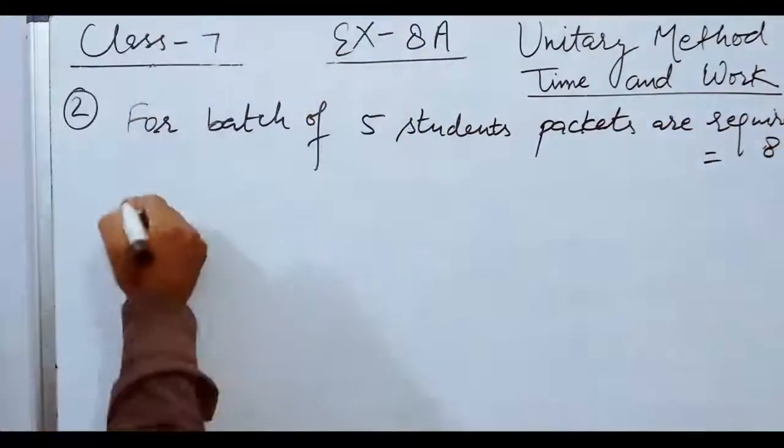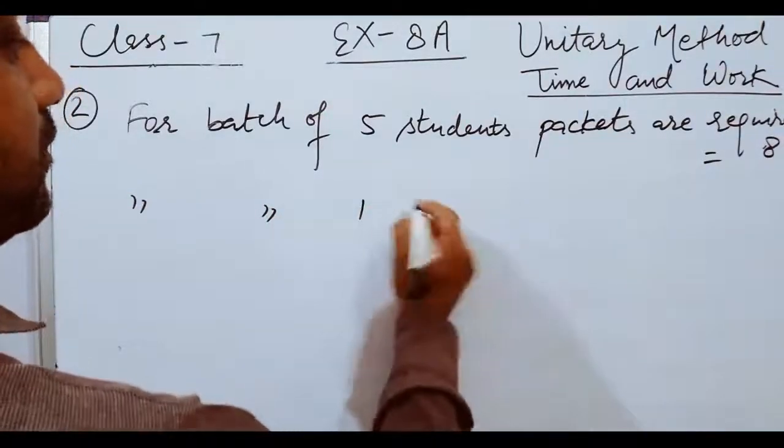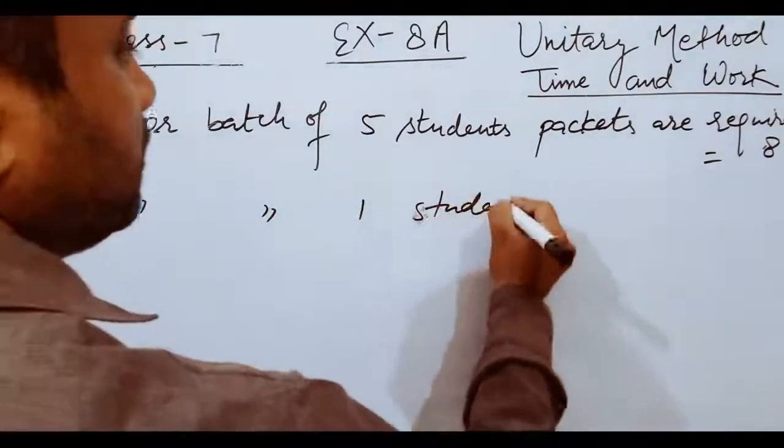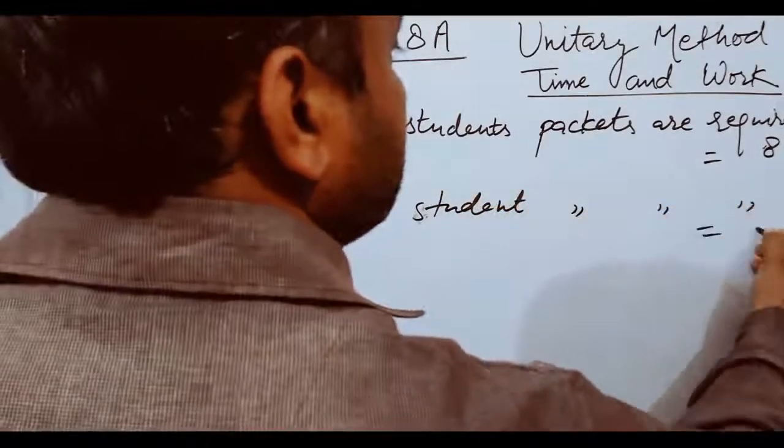For a batch of 1 student, 8 upon 50 packets are required.